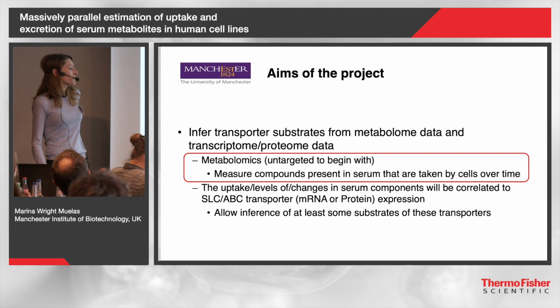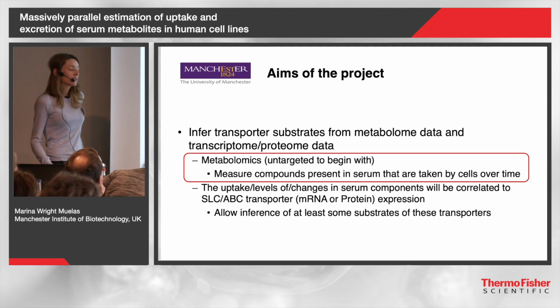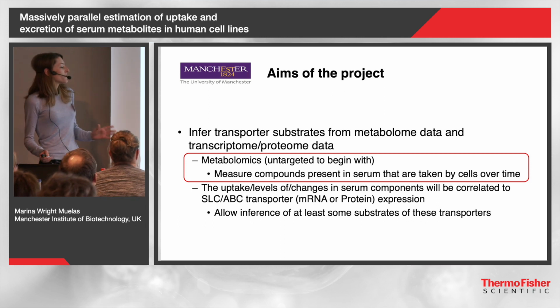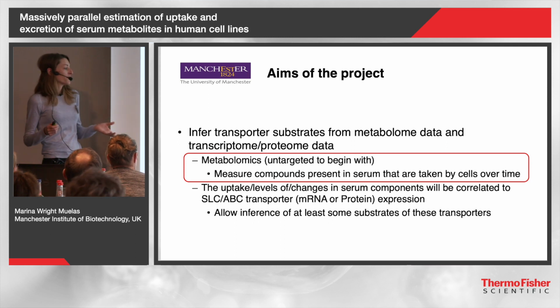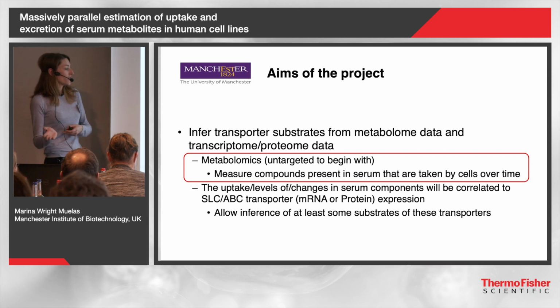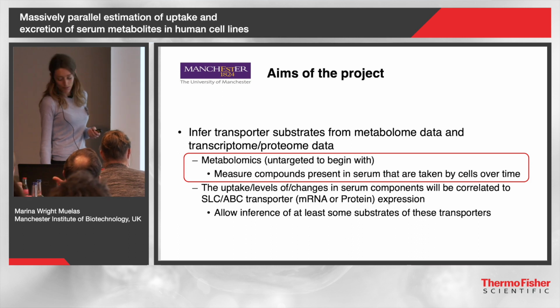And then eventually we'll correlate these to the expression levels of the various transporters using our mRNA sequencing data or protein expression data. And the idea is that that will allow us to infer some of the substrates, at least for some of these transporters, not only natural substrates but also xenobiotics, so drugs and other synthetic compounds.